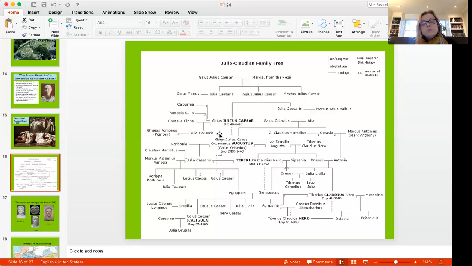They were actually much more concerned about someone else who was also on this family tree, even though he was added later on, and that is Mark Antony, who was Caesar's last fellow consul and right-hand man, companion in his battles and political ally.